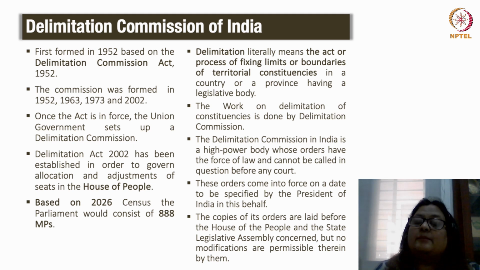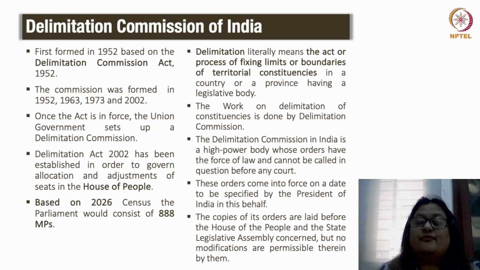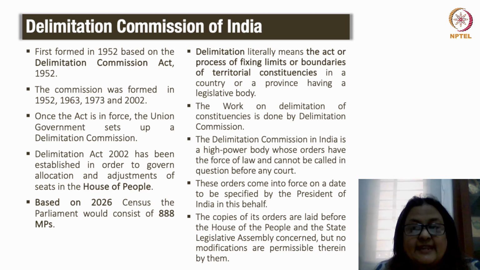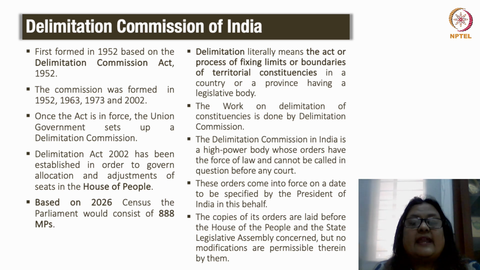When the Delimitation Commission makes such a proposition for the constituencies, these orders come into force on the date the President of India signs and it is tabled in the Parliament. The copies of its orders are laid before the House of the People and the state legislative assemblies, but no modifications are permissible.